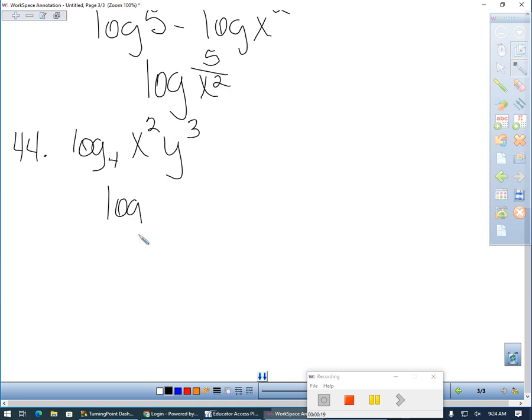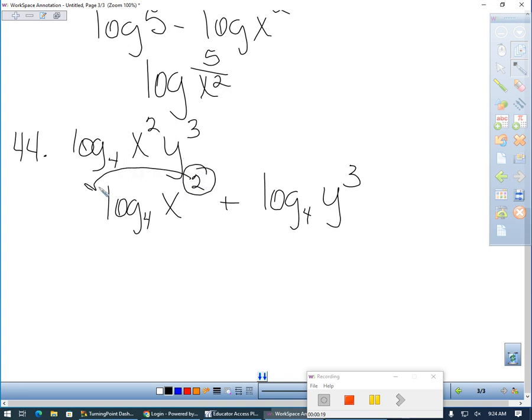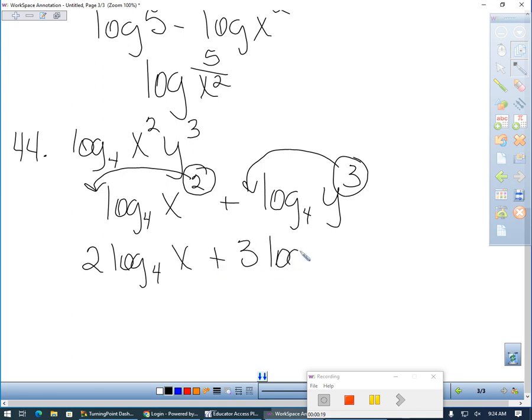So we have log base 4 of x squared plus log base 4 of y to the third. Then the opposite of what we were doing on problem number 42, we actually have to take our exponents and move them to the coefficients. So our final answer would be 2 log base 4 of x plus 3 log base 4 of y.